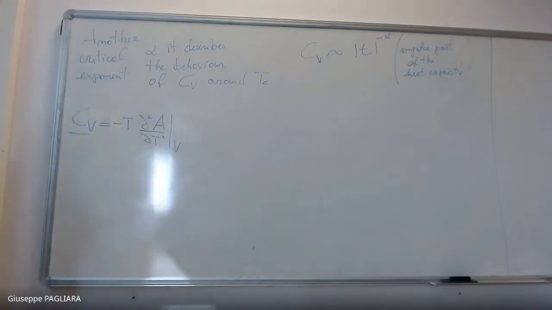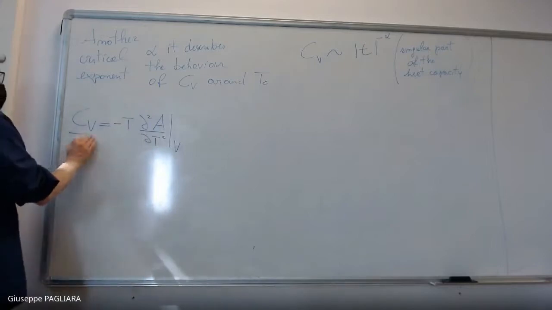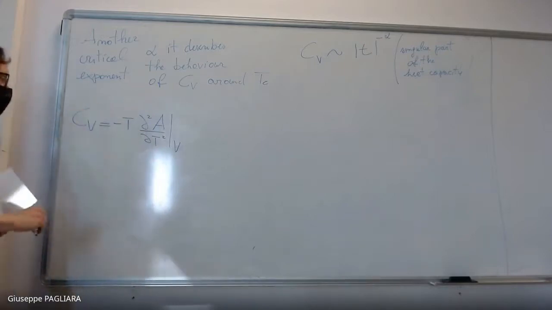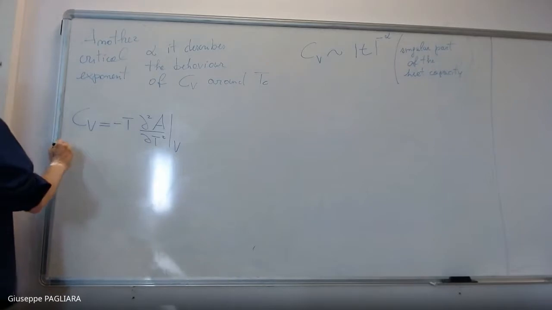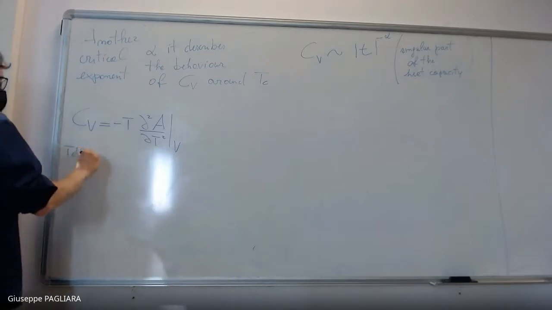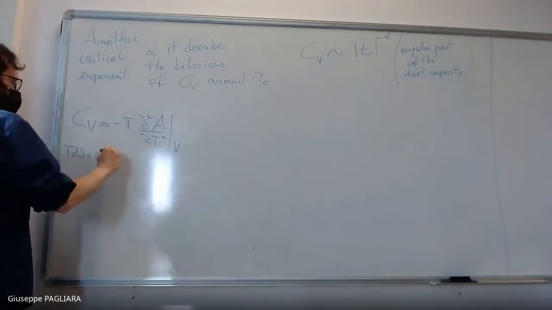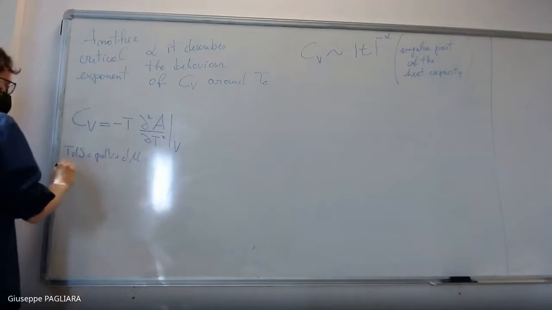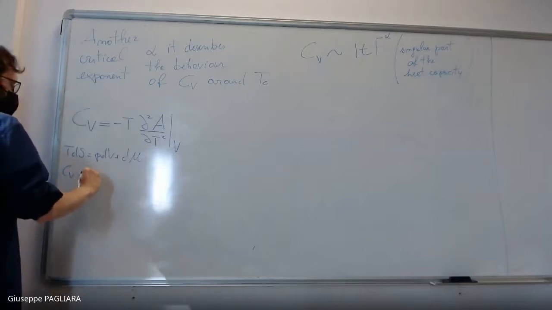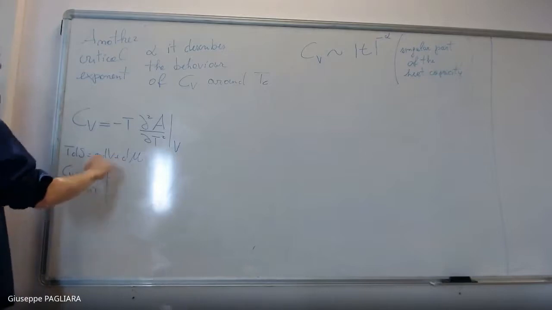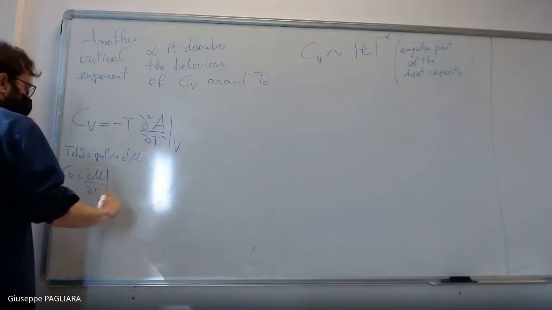Maybe I will comment later on where this equation comes from. The starting point is that TdS is equal to PdV plus du, and CV is the derivative of u with respect to temperature at fixed volume.